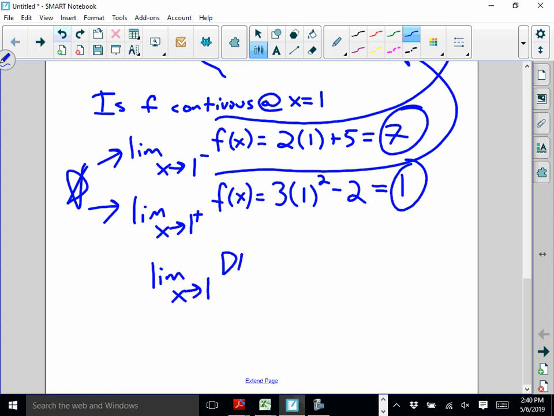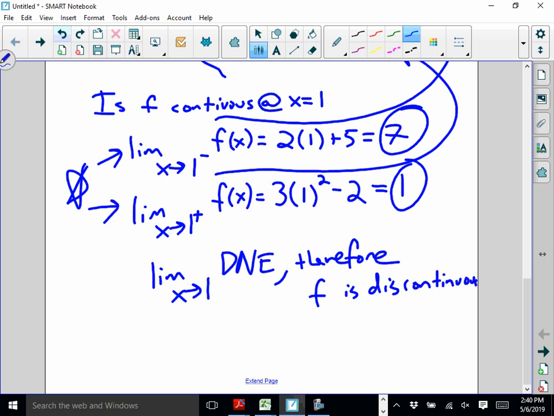Therefore, f is discontinuous at x equals 1. Okay? So that shows that we are not continuous. It failed step 1, so it fails. What type of discontinuity would this be? Well, when I approach 1 from the left side, I'm getting 7.